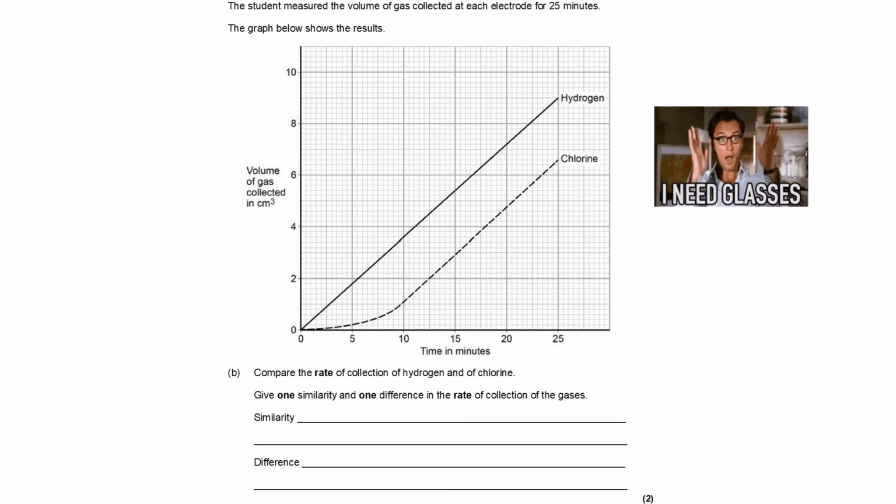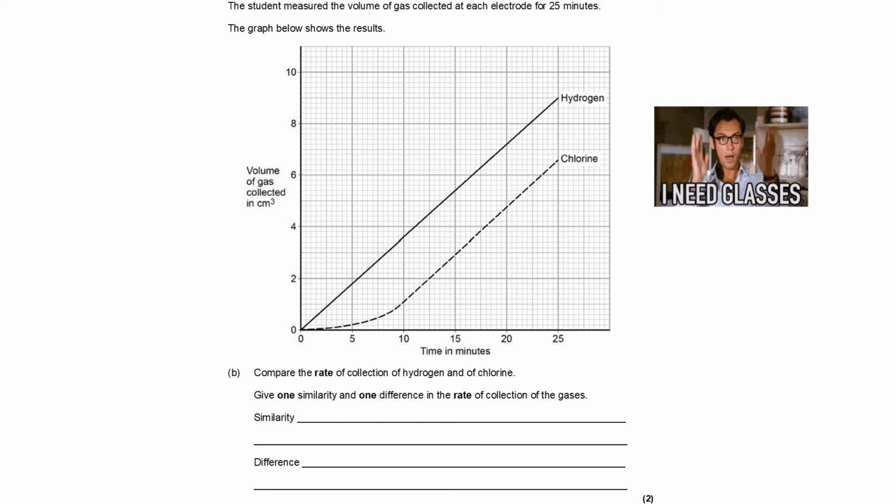After 25 minutes, there's just about 6.8, I think it is, centimeter cubed of chlorine, but there is about 9 centimeter cubed of hydrogen gas. So it's a little bit more. So I would look at that ratio a lot more closely.